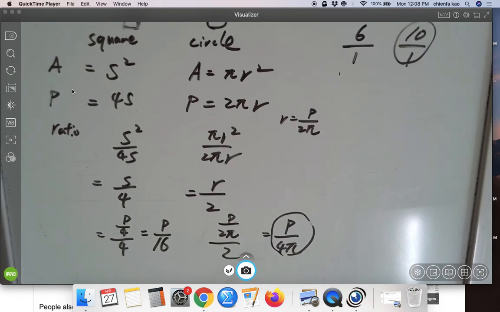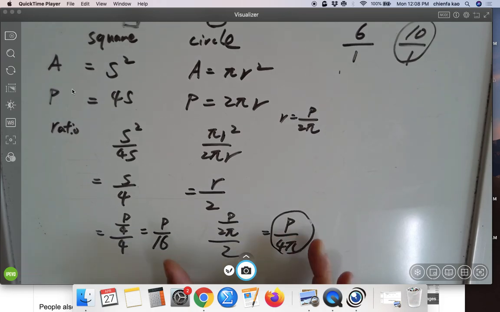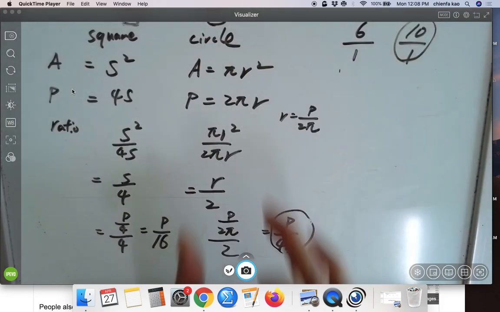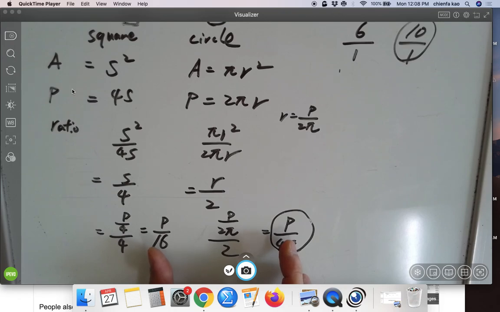Okay? So that means that if the perimeter is the same, you're going to use the same amount of fencing, then you're going to get a larger area using this thing.